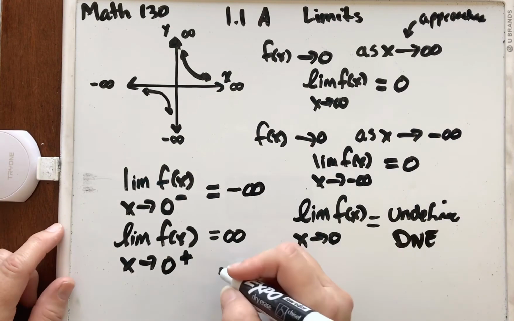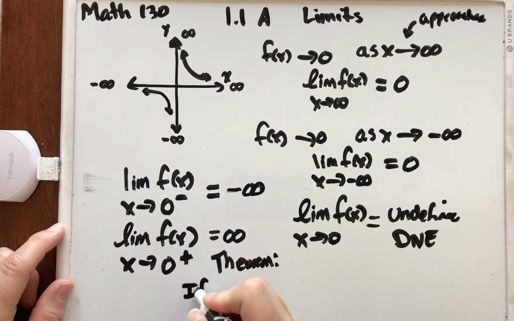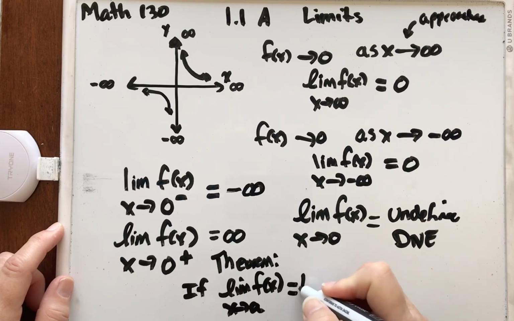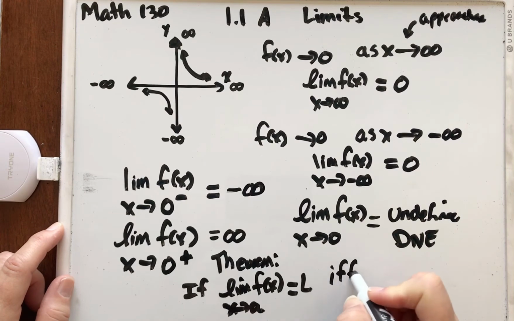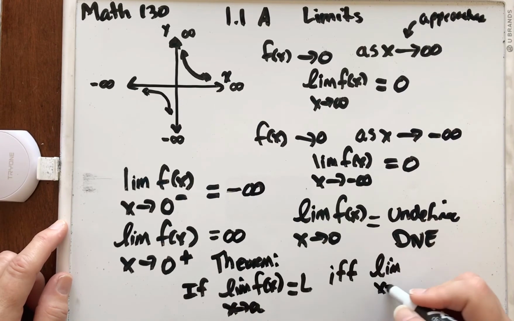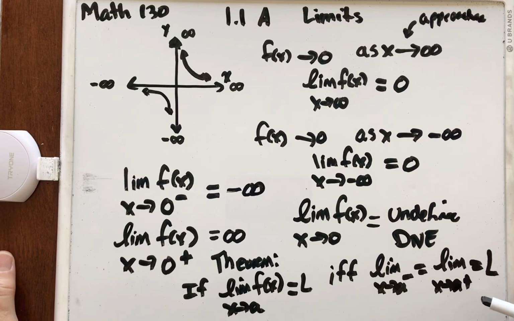Okay, we have a theorem, our first one for this class. Okay, if the limit of f of x as x approaches a, which is just some number, equals L, this is only true if and only if, that's what that means, if and only if the limit as x approaches a from the left equals the limit as x approaches a from the right, and that will equal L. So the limit exists only when you approach from the left and the right and you get the same number.